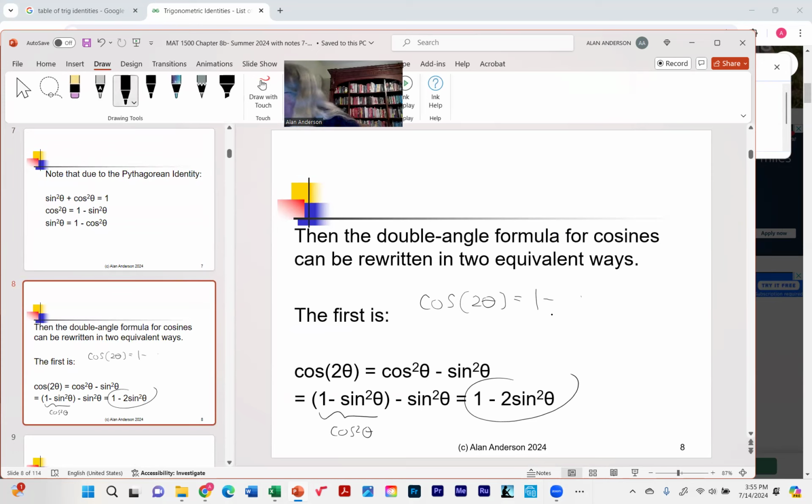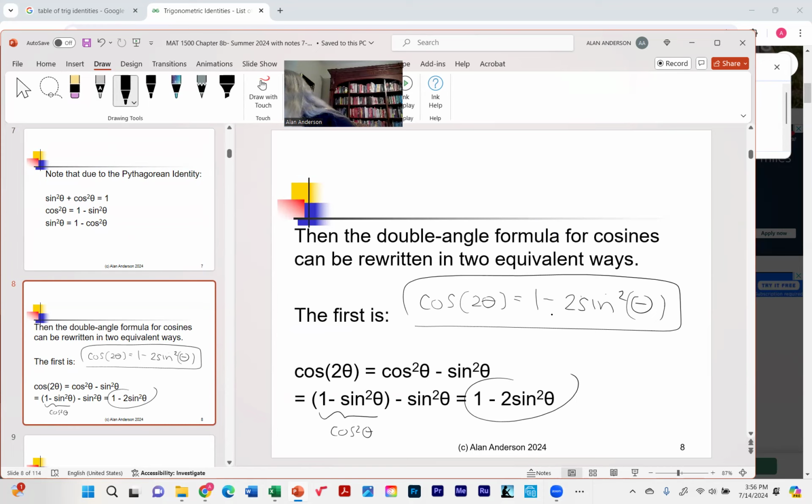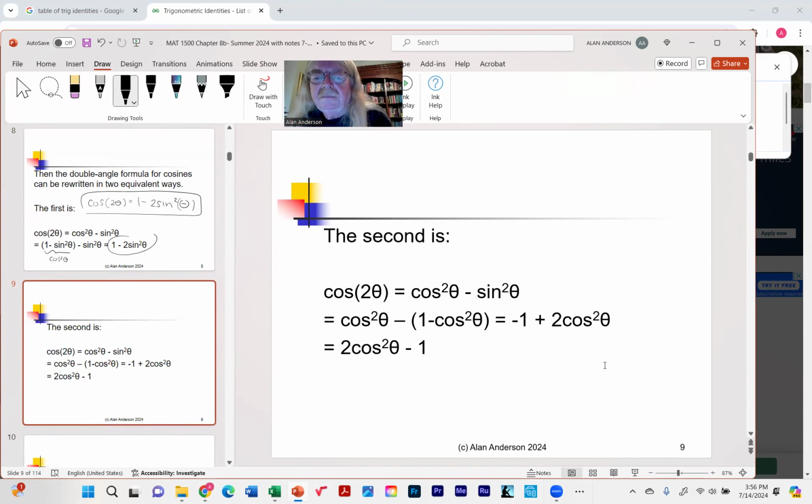So this is another version of the double angle formula for cosine. And again, you never know when it might come in handy. And then doing the same exact thing, we end up with this. Make the substitutions.